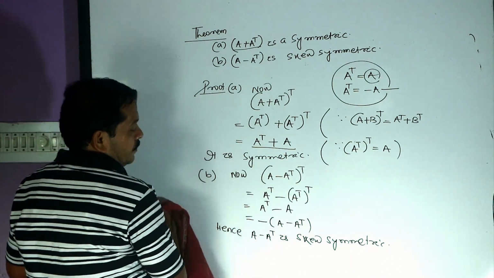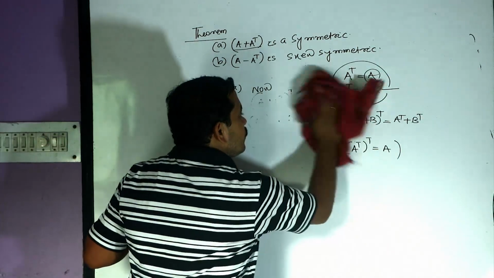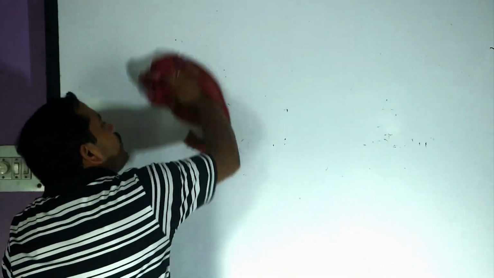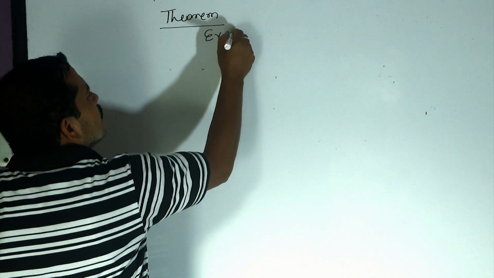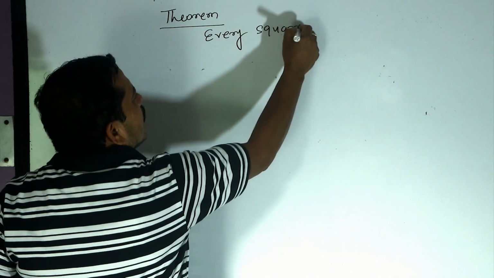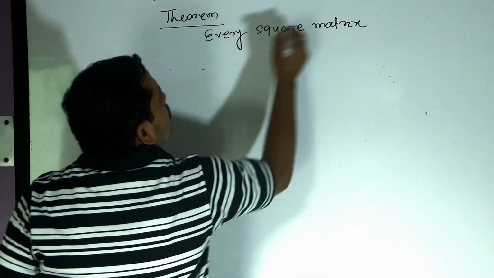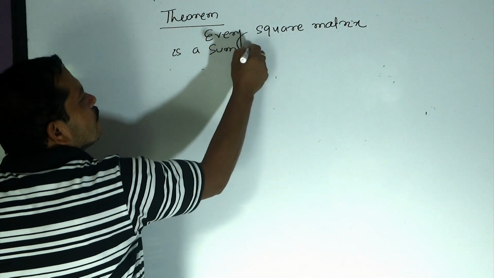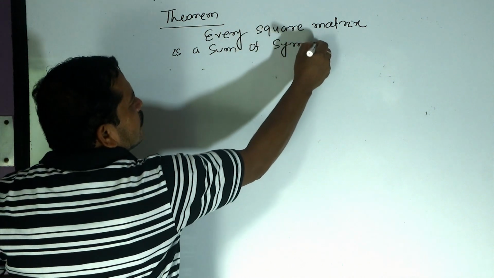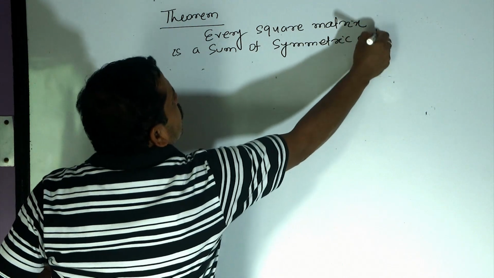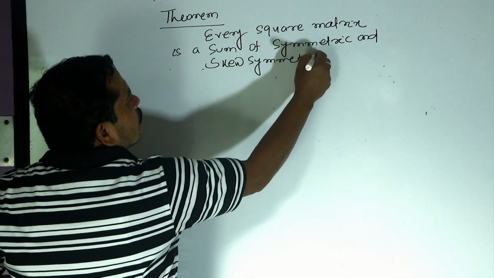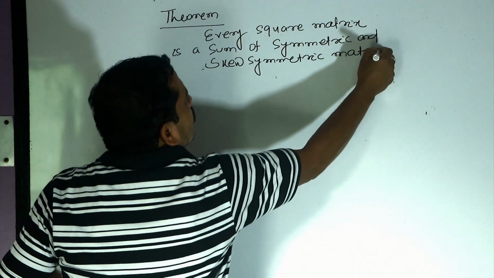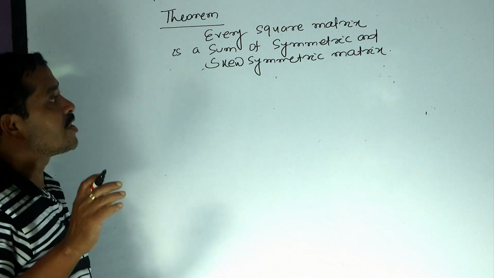Next, theorem. Every square matrix is a sum of a symmetric and a skew symmetric matrix.